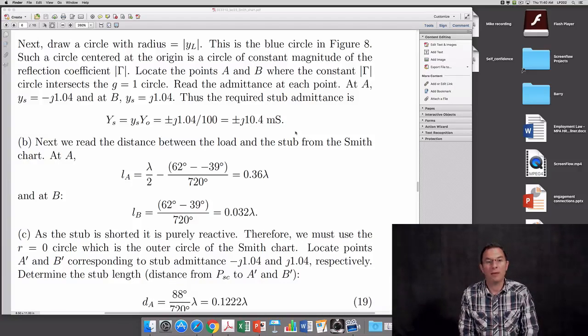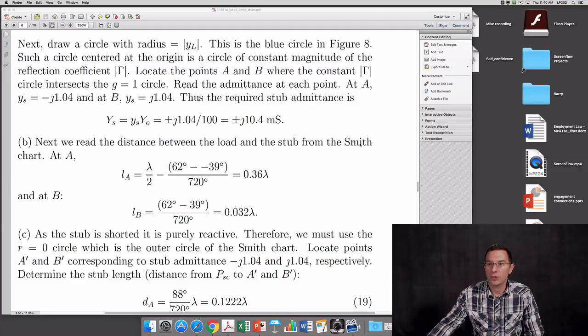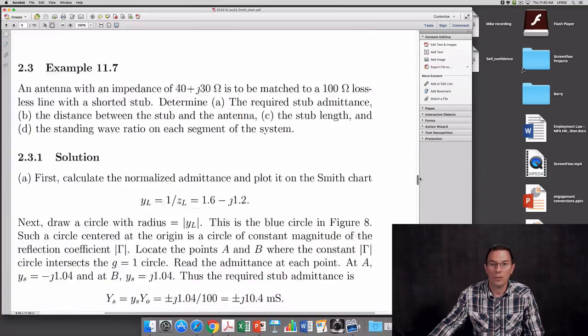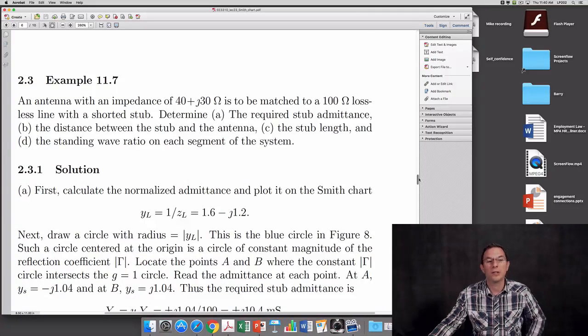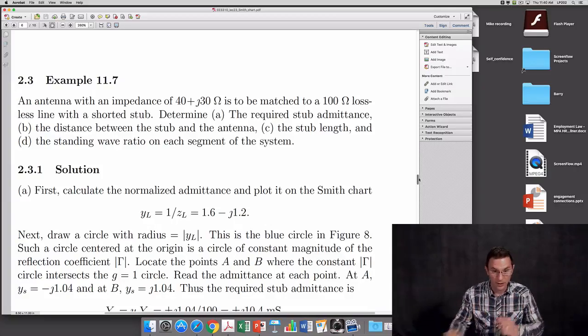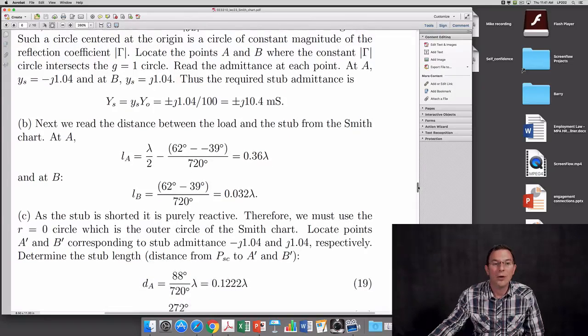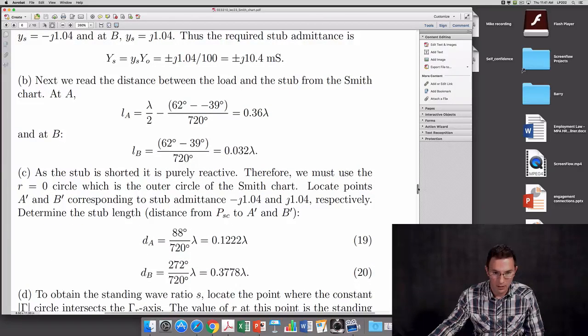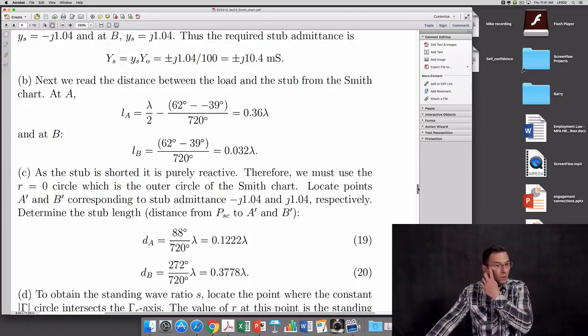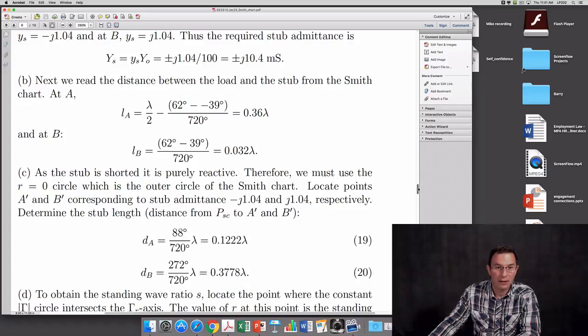We finally have that. Okay, now the second question, part B, that we want to know is what's the distance between the stub and the antenna? What is L? In order to determine L, we have to use, again, the Smith chart.